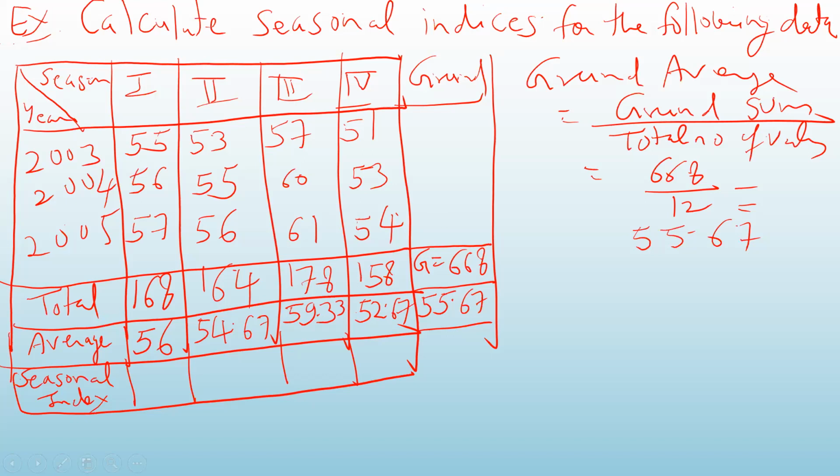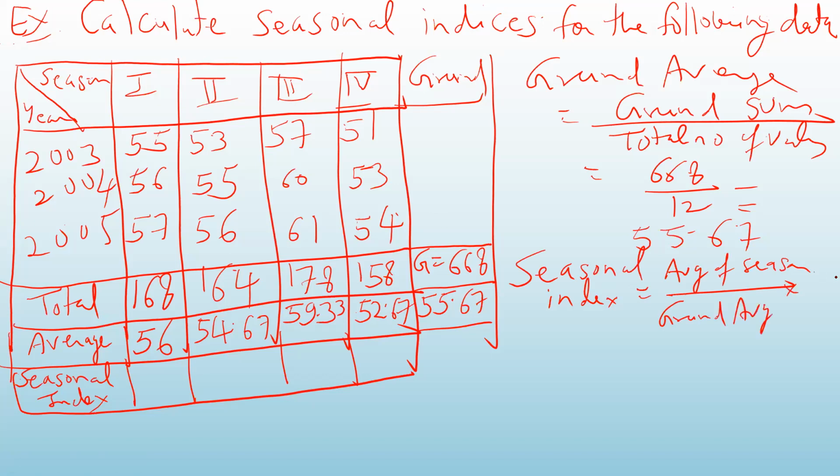Okay. Once you have found out the average for each season and the grand average, you can now find out the seasonal index. So what is the formula to calculate seasonal index? Seasonal index is equal to average of that particular season divided by grand average into 100. For example, for season 1, the average is 56.